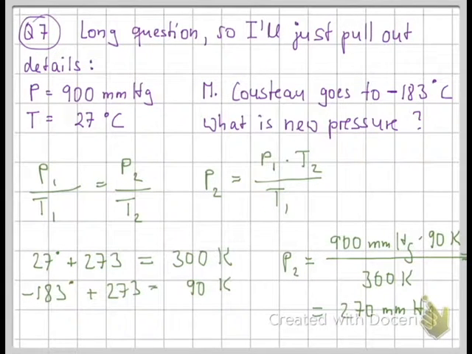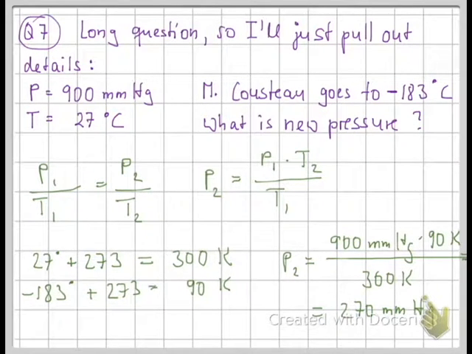Actually, I just went back to look over the questions on the worksheet, and I noticed the previous question, question 6, the gases in a hairspray can at a temperature of 27 degrees Celsius and a pressure of 30 pounds per square inch. That is just a regular pressure unit, pounds per square inch.